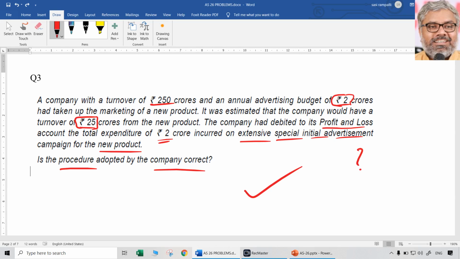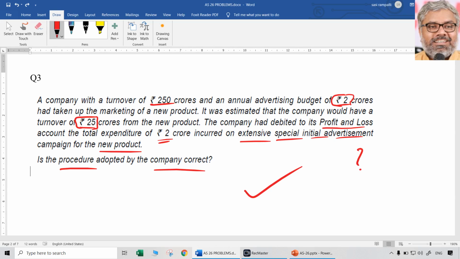But the problem is that the argument has no basis in the accounting standard. Logically, it may look correct, but the accounting standard never provided for such capitalization of advertisement expenditure. Though there is a possibility of some future economic benefit that might flow into the organization, since that cannot be quantified exactly, it cannot be directly attributable to the incurring of the advertisement expenditure.